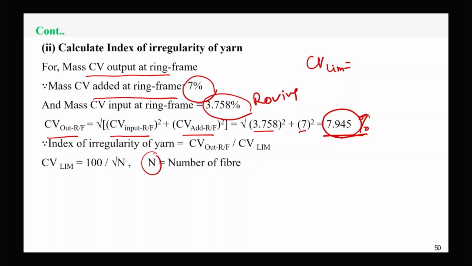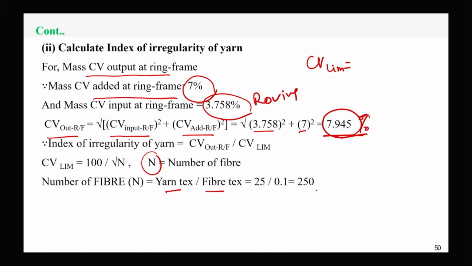From the yarn tex and fiber tex, we have calculated 250 is the number of fibers. The CV limit will be 100 by under root 250. CV limit 100 by under root 250 is 6.32.